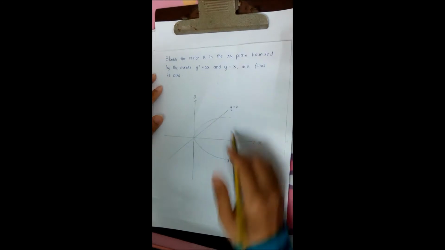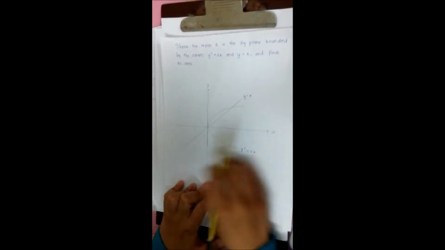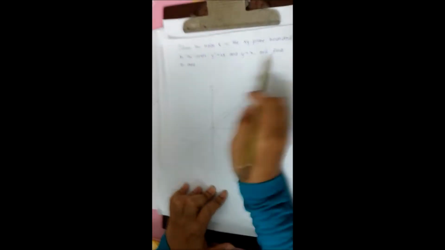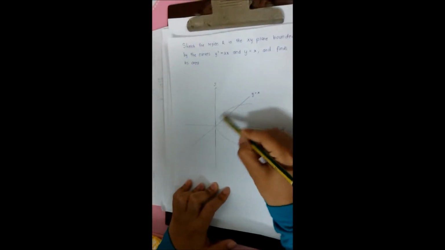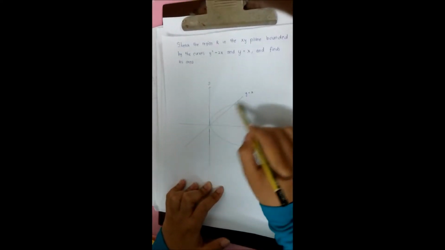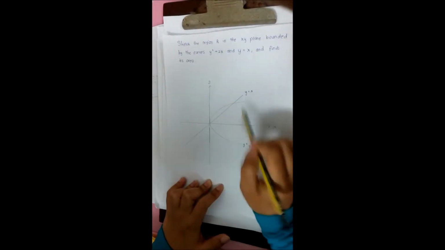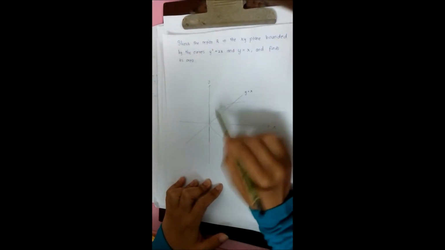This is the graph that I have made for the two functions. This is y squared equals 2x, and this is the straight line y equals x, combined in one graph.